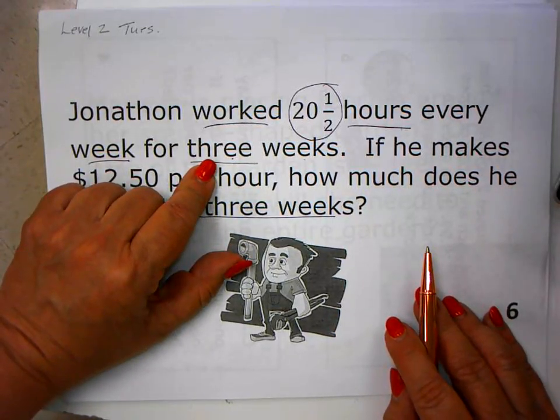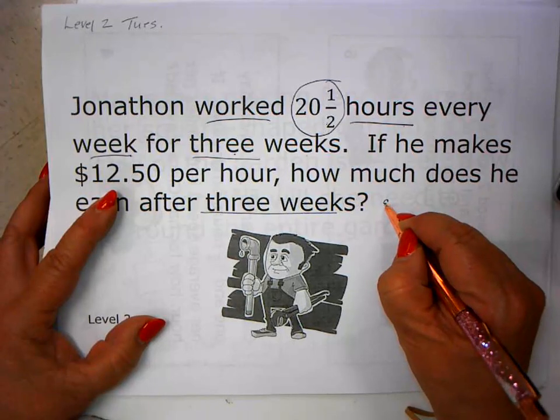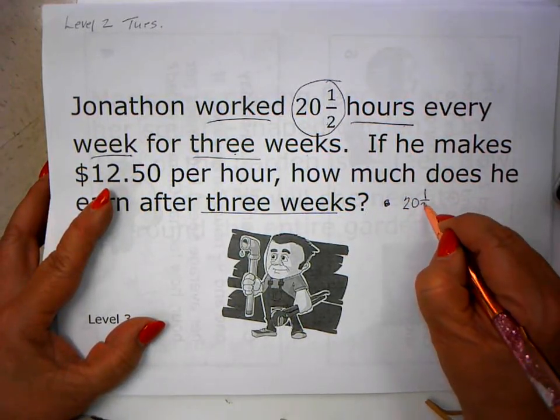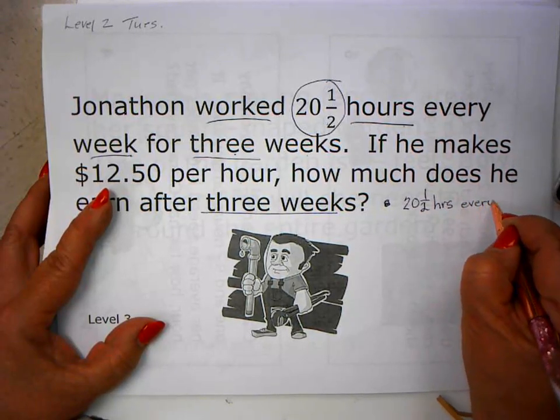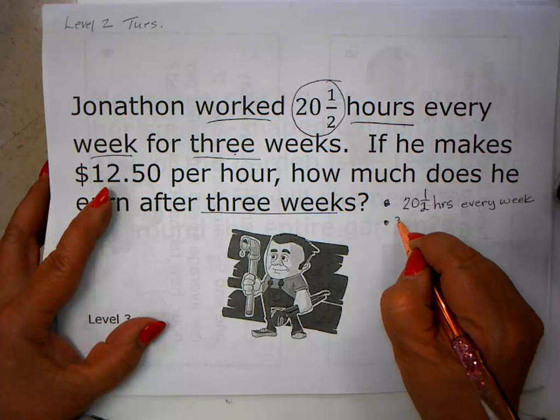So I want you to make sure. So I'm going to document the facts that I know. He worked 20 and 1/2 hours every week. And this is going to be for 3 weeks.